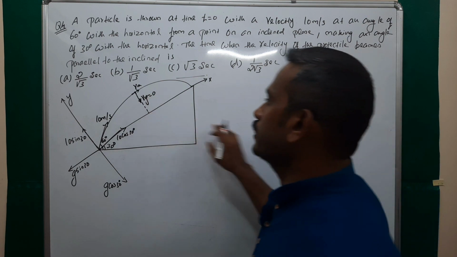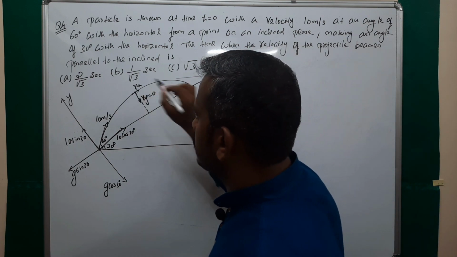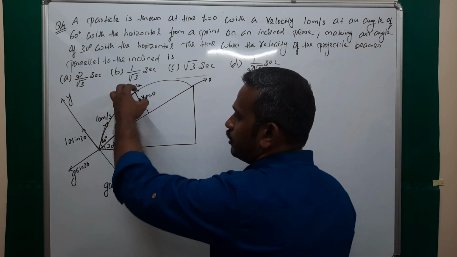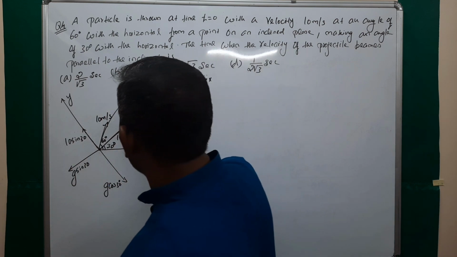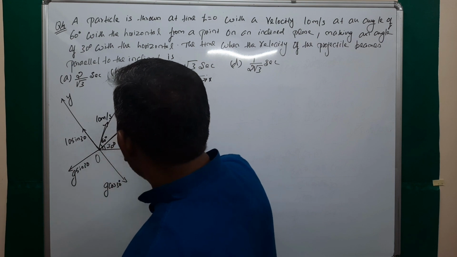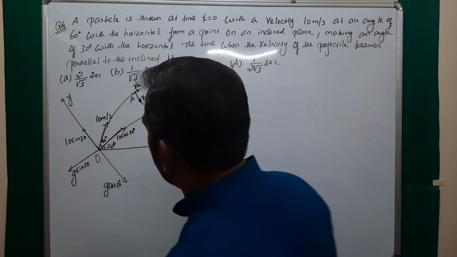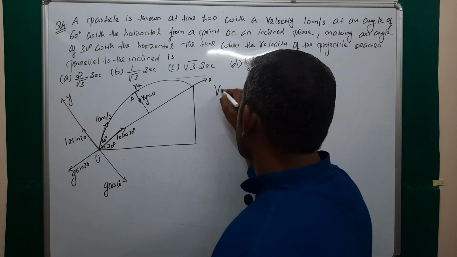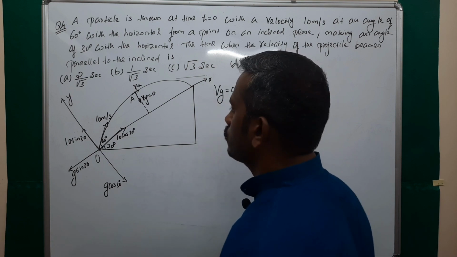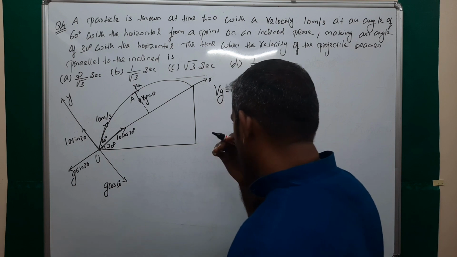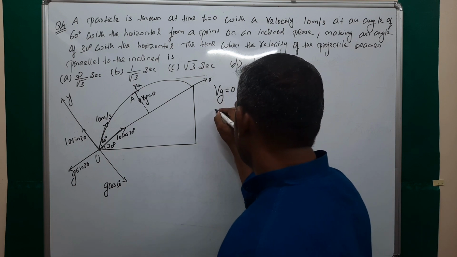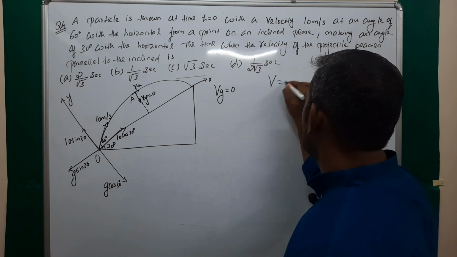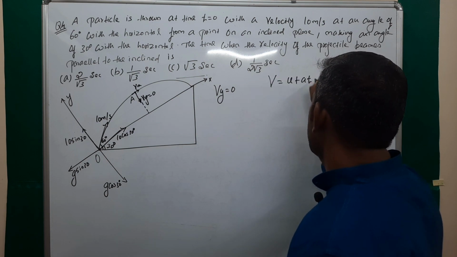When the projectile reaches this point, we can call this point O and this point A. Its vertical velocity Vy is equal to 0. I am going to use the kinematic equation V equals U plus at.